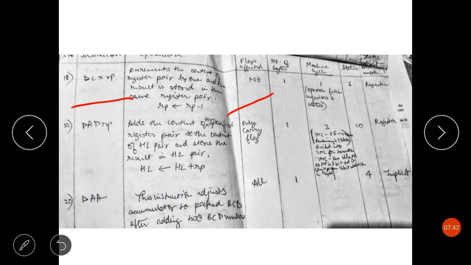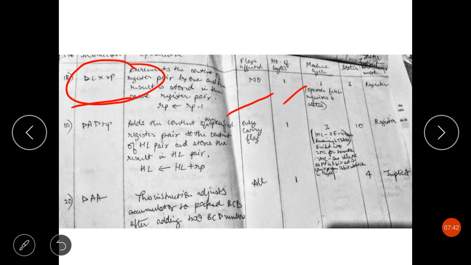Now the number of bytes of the instruction is 1 byte, because there is no hexadecimal number mentioned along with this instruction. Machine cycles, how many do we need? As I've told you, in the INX RP case also, it will need only one machine cycle, for fetching the opcode, because the register pair is present inside the microprocessor.